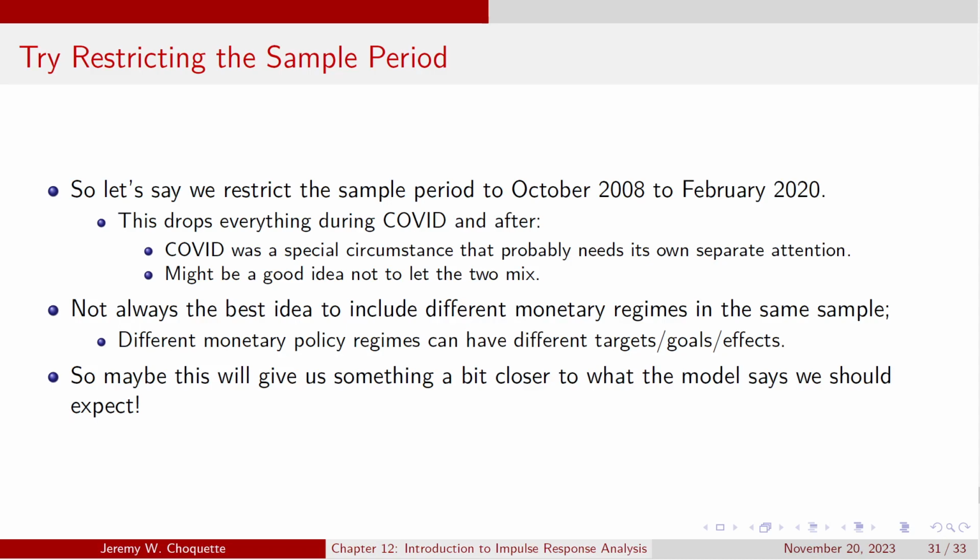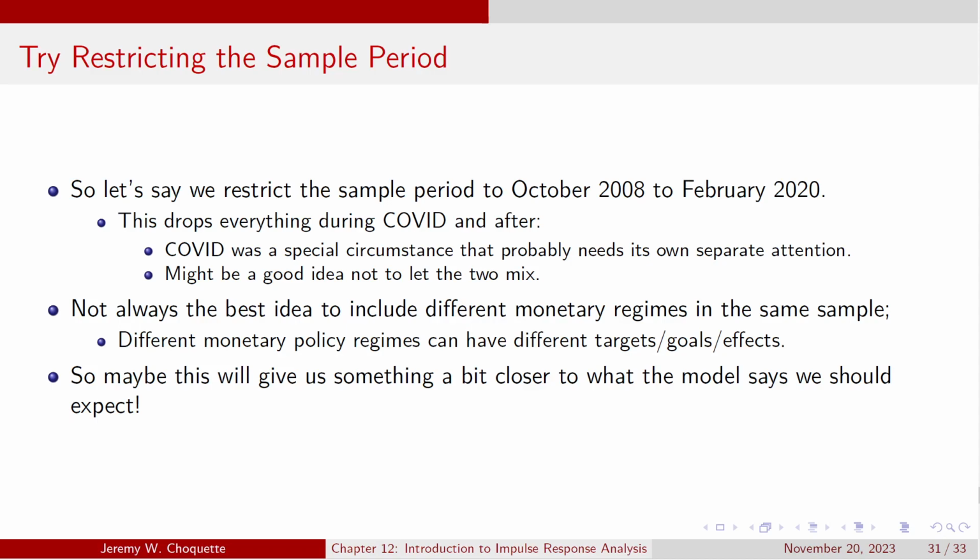And there are arguments over the relevancy of the data across different monetary policy regimes, because they can have different monetary policy targets, different goals, different effects. There was the change in the inflation targeting regime, where they went from a 2% target to an average inflation targeting regime of an average of 2%. So different things like that could really be contaminating the sample period. So there's a lot of debate over what time frames we would want to be using.